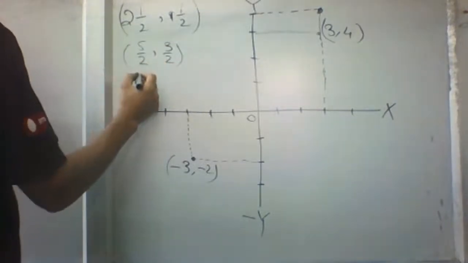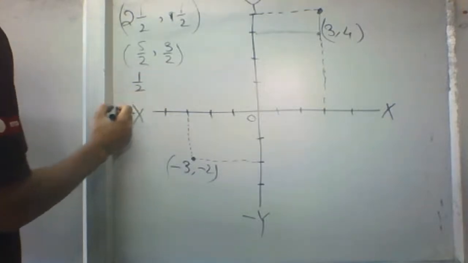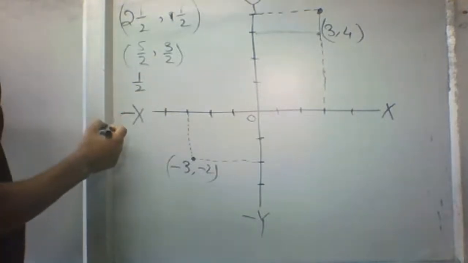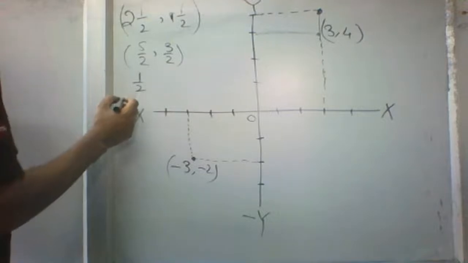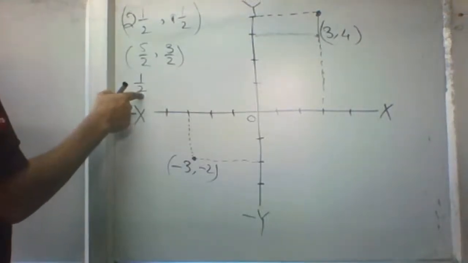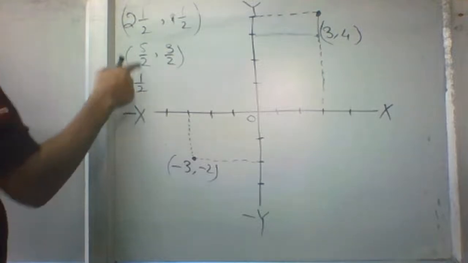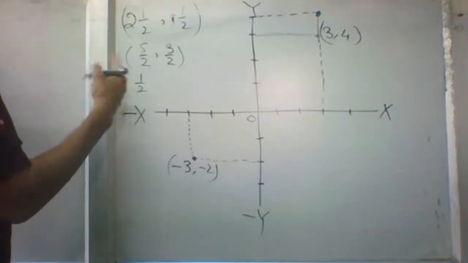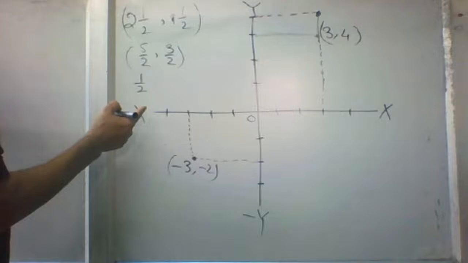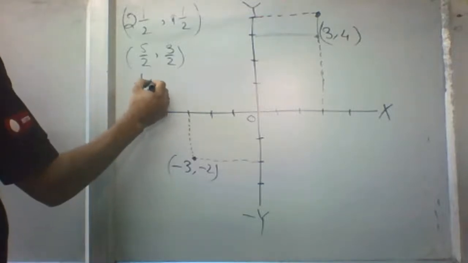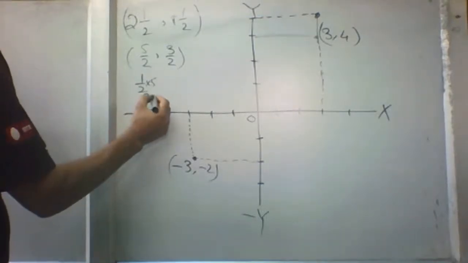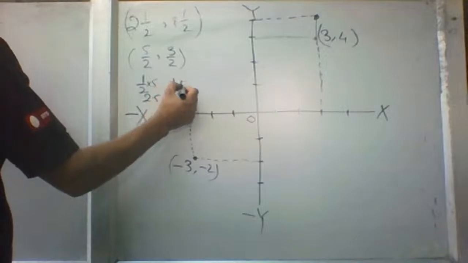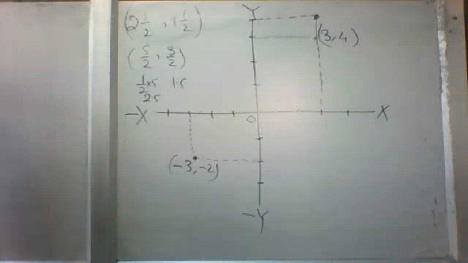You can write it like this: 1 by 2 means half. Got it? 5 by 2 means 2.5. This is 1.5. How will you mention it?